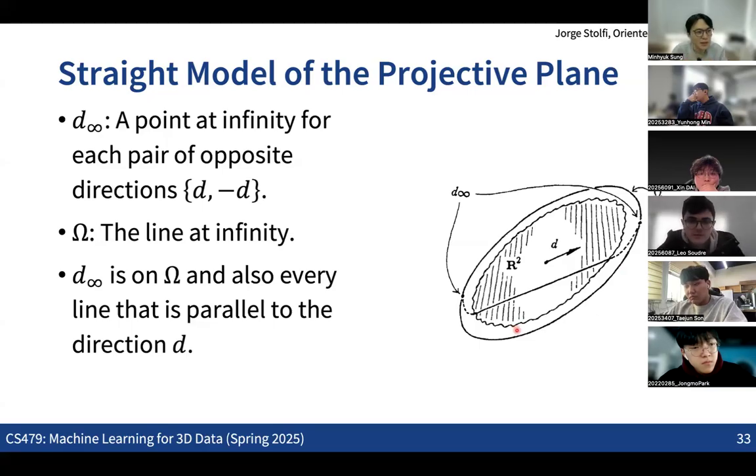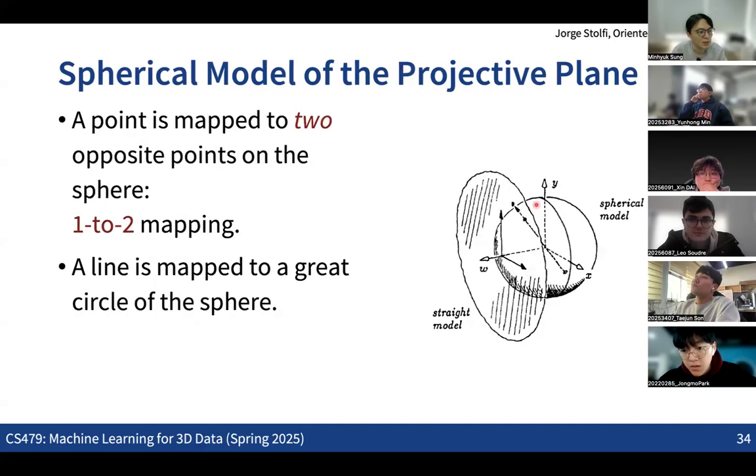And probably an easier way to think about the visualization of the projective space might be through the mapping from the plane to the sphere. For all the points over the projected plane, we can define a 1-to-2 mapping to the points over the sphere in three-dimensional space.